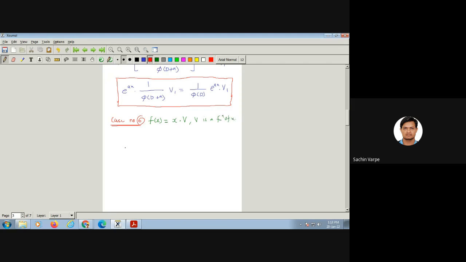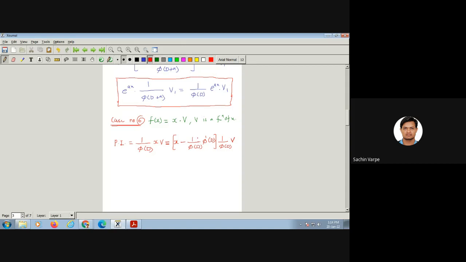So for this case, the formula for particular integral is PI equal to 1 upon phi of D f of x, which is x into v, will be equal to, see, this is very important. How do we write the particular integral? That will be x minus 1 upon phi of D into the derivative of phi of D, that is phi dash of D, the whole into 1 upon phi of D operated on v.